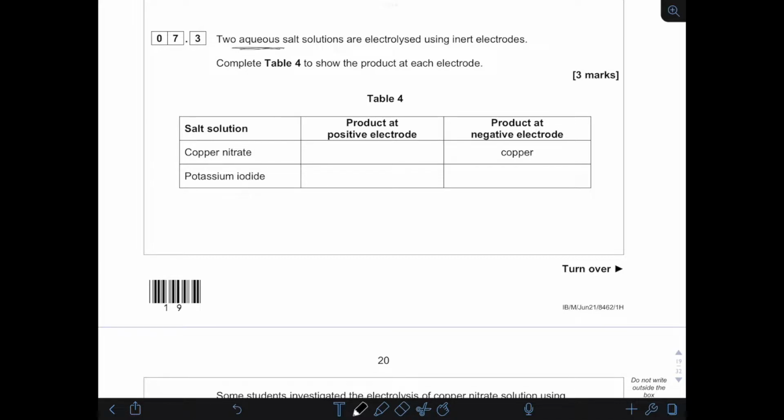So this question is ridiculously harsh because they assume you have remembered the whole redox table, which you shouldn't have, because I just don't think that's very fair. But anyway, I'm not the exam board, so I don't decide what you have to do.